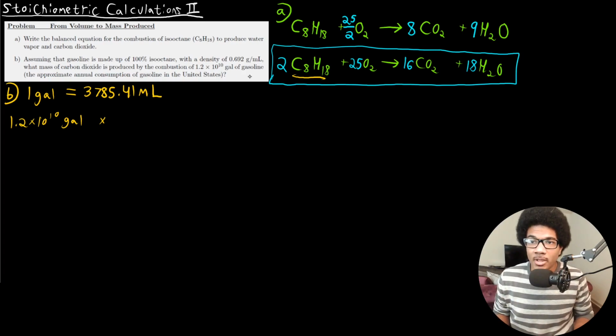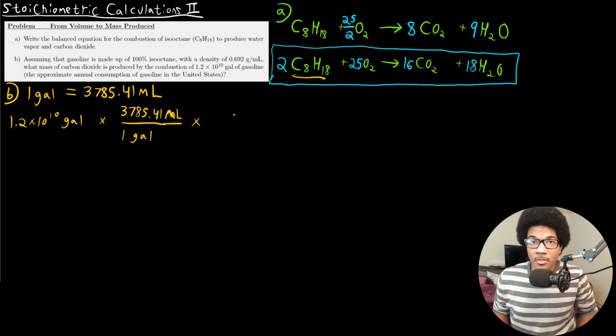So we want to be able to first convert this volume to a mass, and the density will allow us to do that, right? We're given the density here, so we can use that to convert from a volume to mass. So first we're going to use this conversion factor, right? We know that for every 1 gallon, we have 3,785.41 milliliters, right?